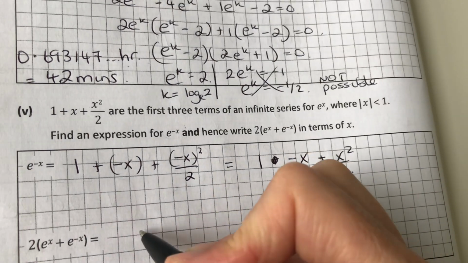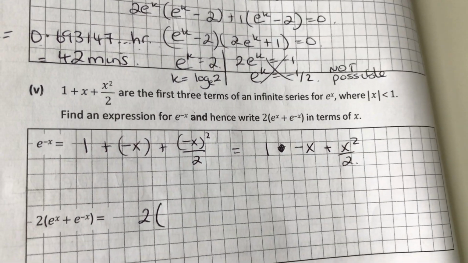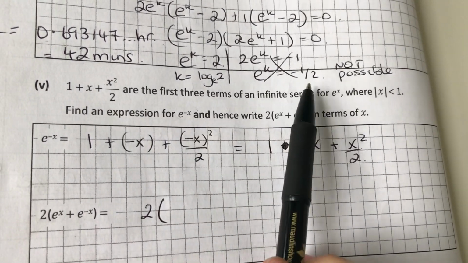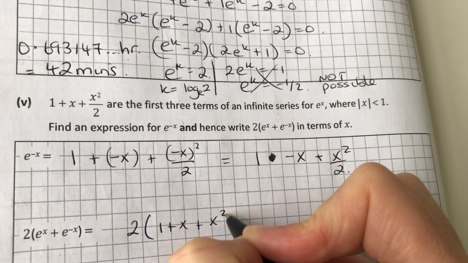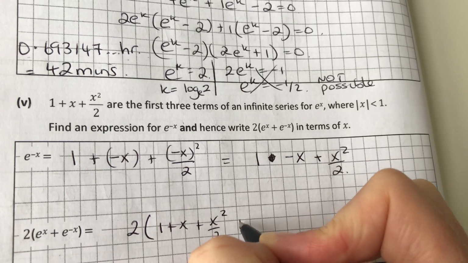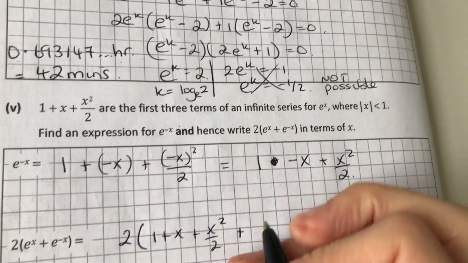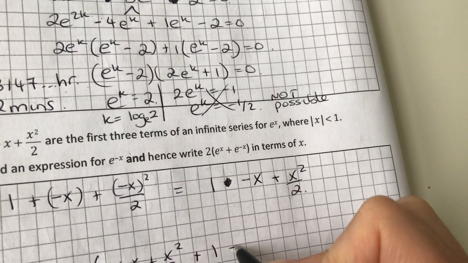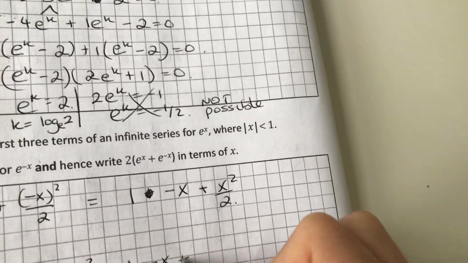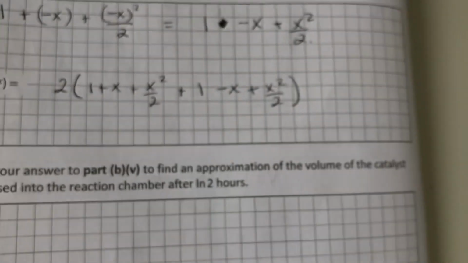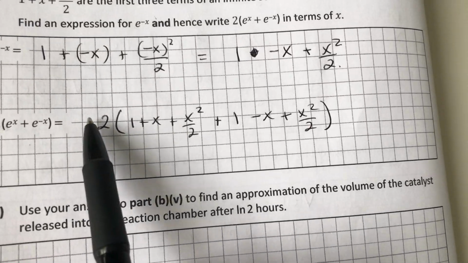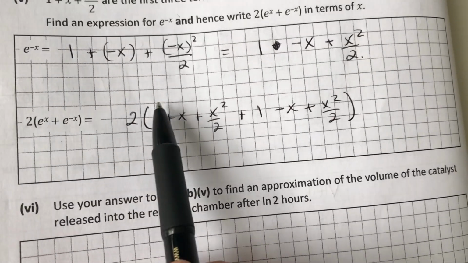Okay, so 2 times, so this is e^x plus e^(-x). Okay, so there's my 2 bracket.